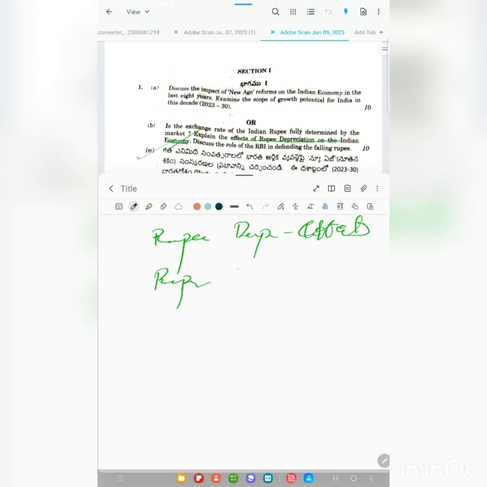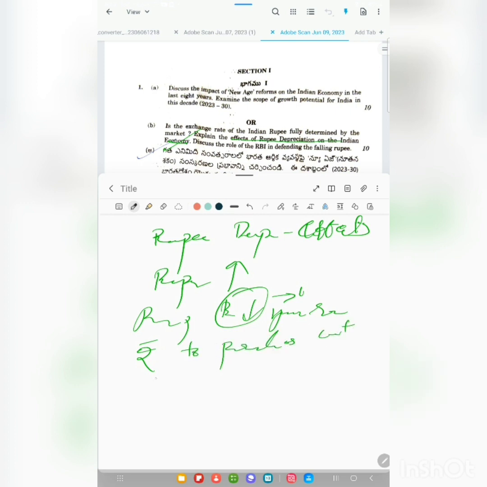When the value of the rupee depreciates, you require more rupees to purchase a unit of dollar. That means your imports are going to get costlier.